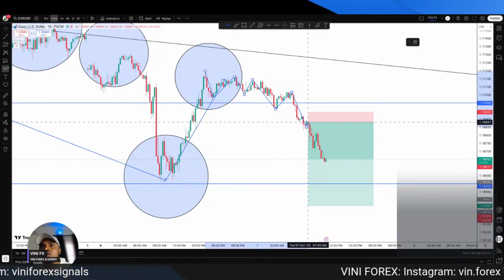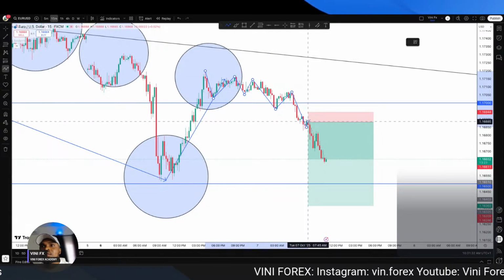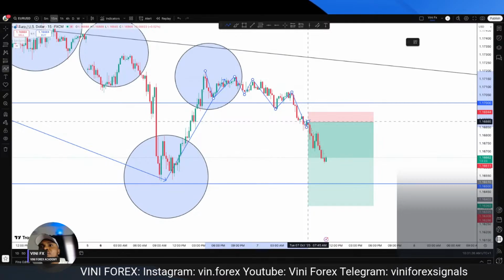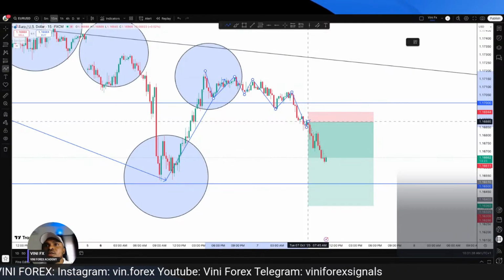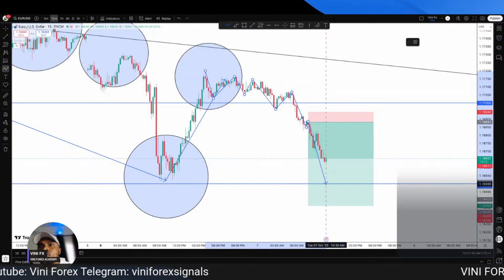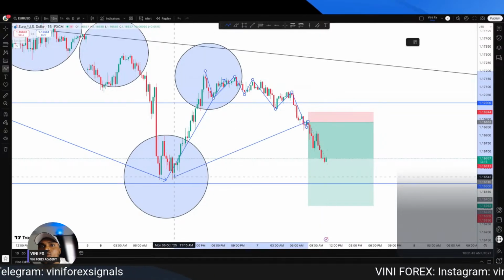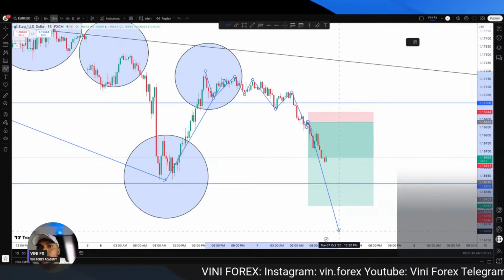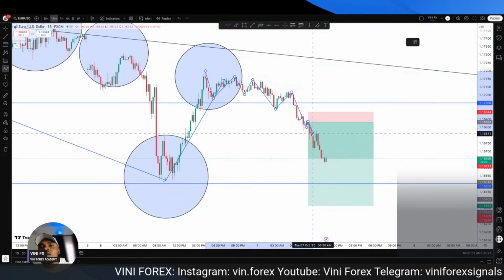Seeing all of this, I already knew for sure that the market has the probability of coming down to this same equal low again, or it can even go below it. But whichever one happens, I'm okay.